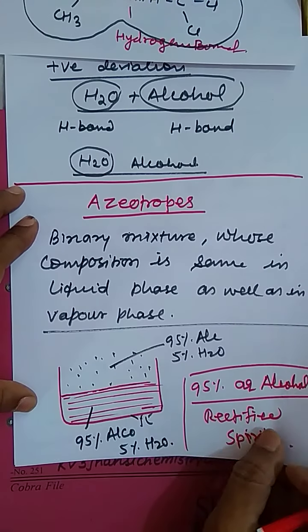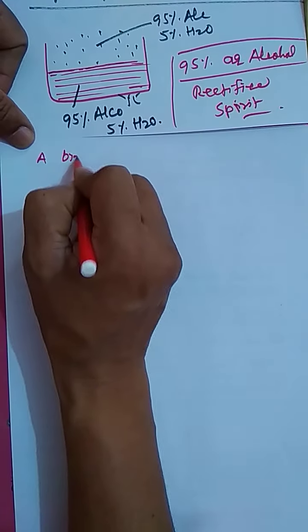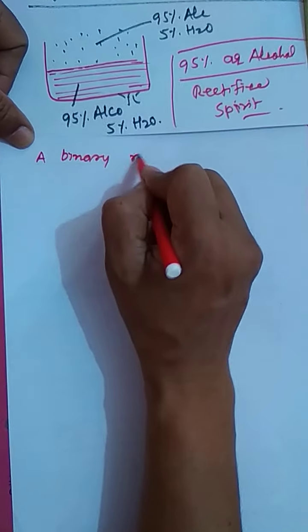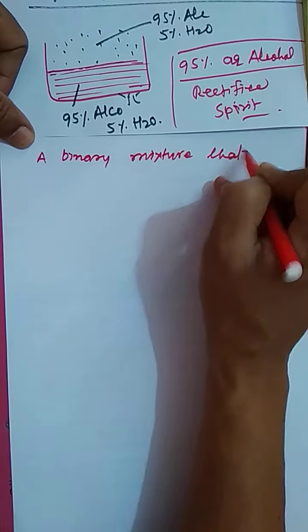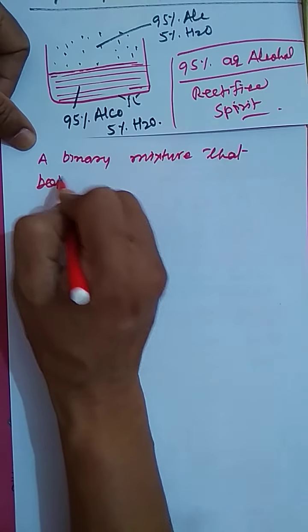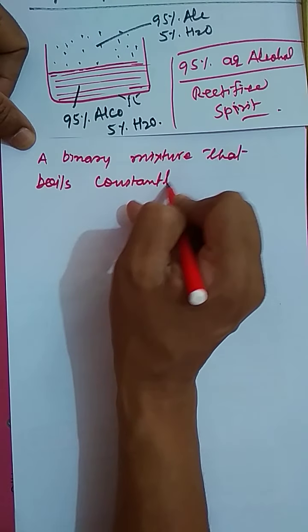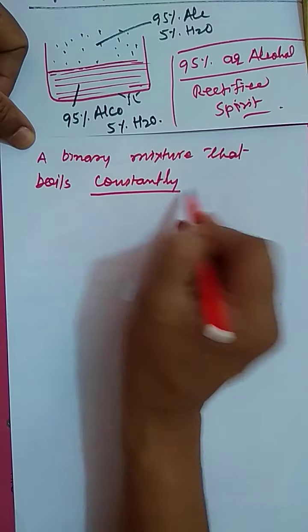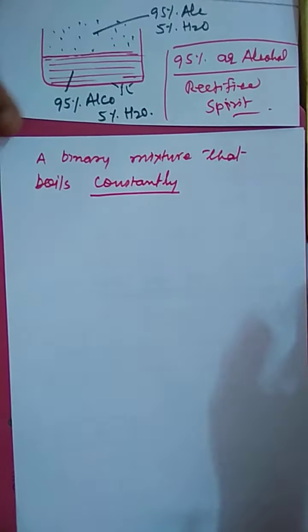So in another way, azeotropes may be defined as a binary mixture that boils constantly. That means both have the same boiling point, right?